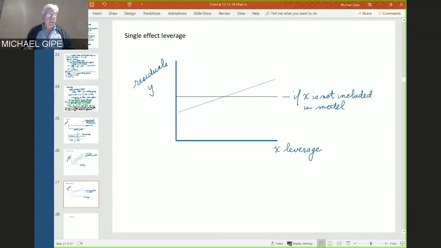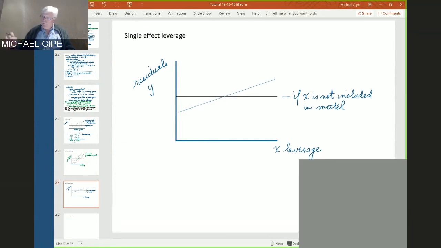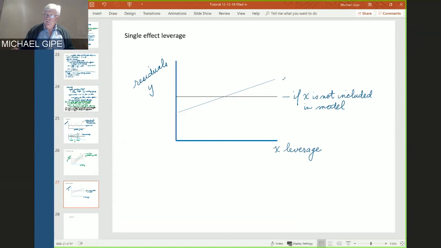None, 0. And then the slope is just the slope of the actual plot here is the X effect of this one X variable.